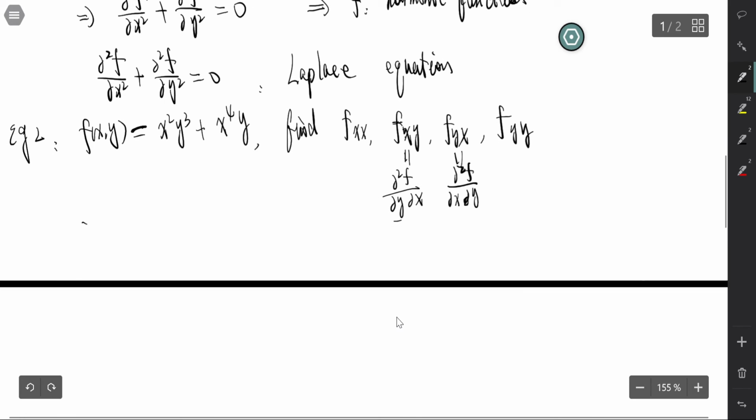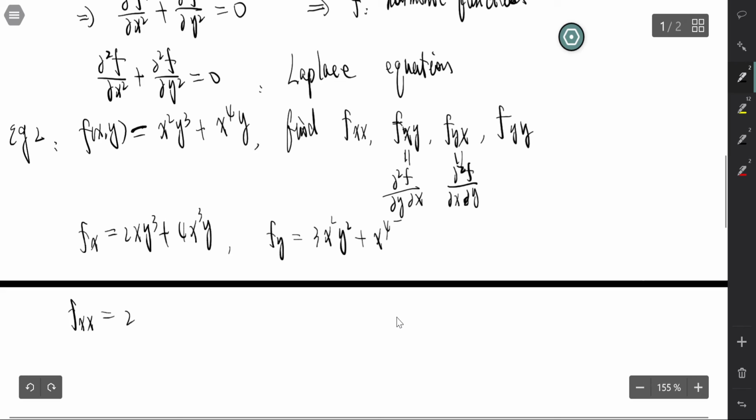So first we have f_x, that is 2xy cubed plus 4x cubed times y, and f_y, that is 3x squared y squared plus x over 4. Then f_xx is 2y cubed plus 12x squared times y, and f_xy is 6xy squared plus 4x cubed.